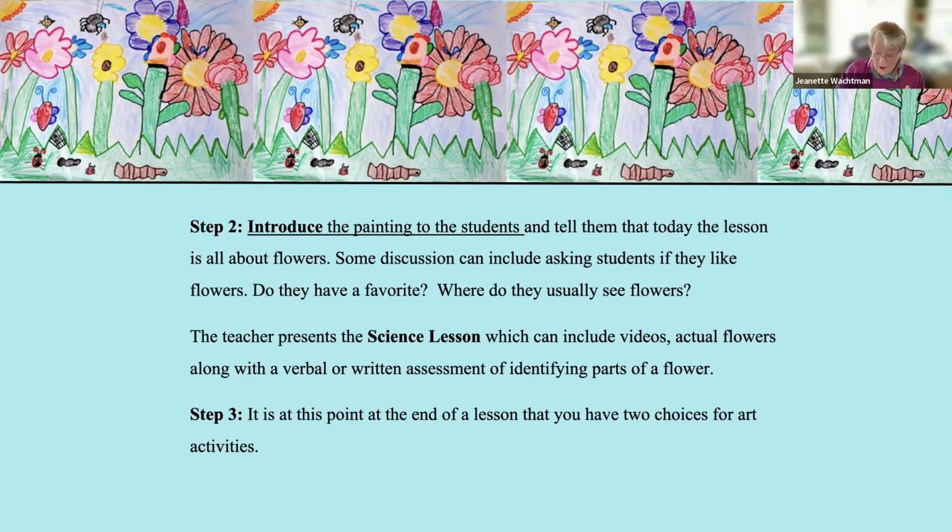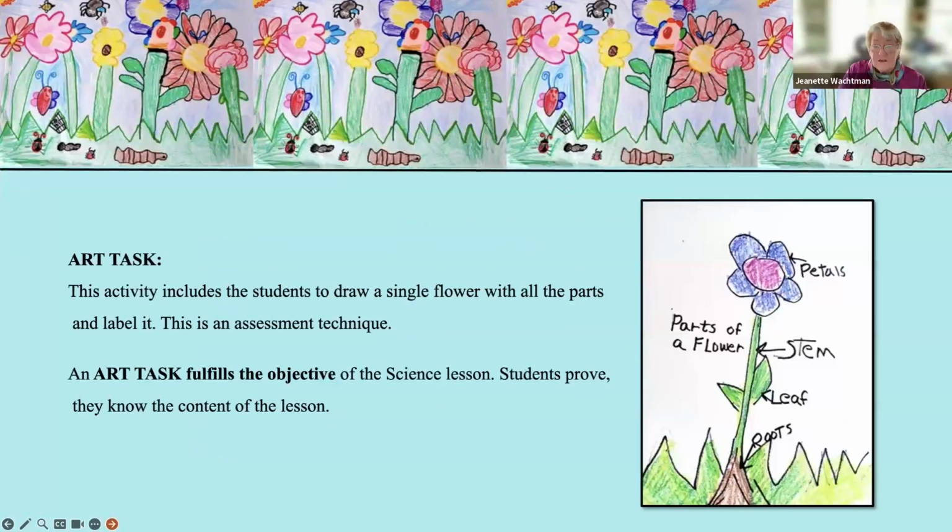So the idea, it's a very valid activity for assessment. So an art task fulfills the objective of the science lesson. It's proving that the students know the content of the lesson. And it's different from an art project. And we're going to talk about that in a few minutes.